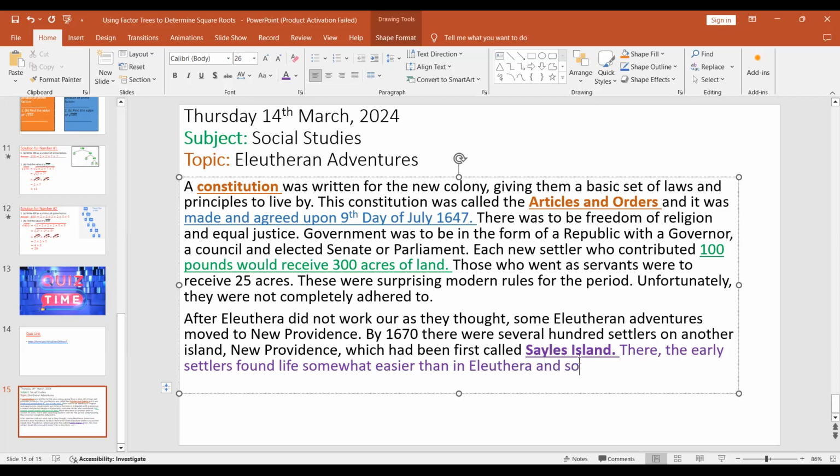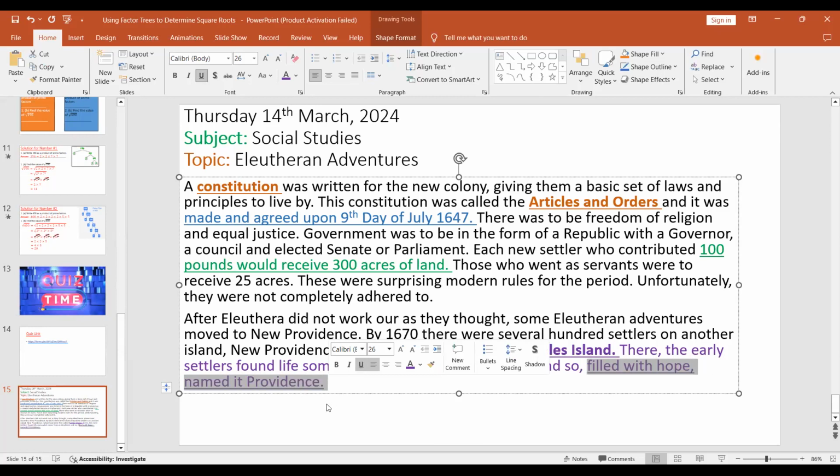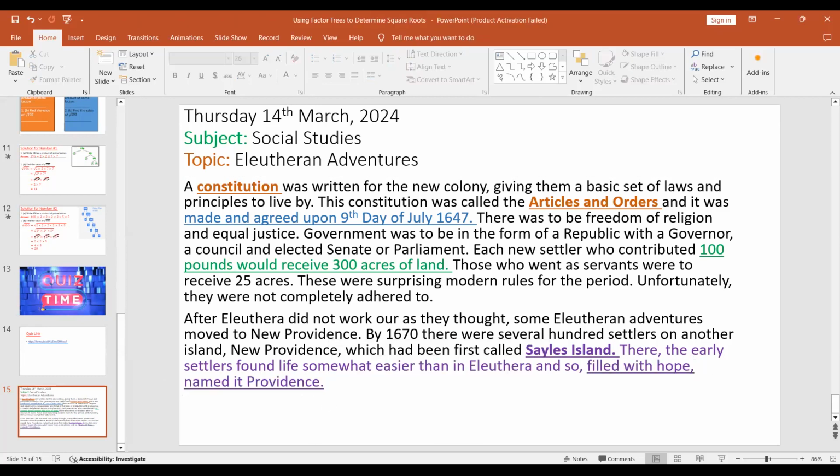And so, filled with hope, they named it Providence. Anyone know what we mean by Providence? Let's look at the definition of providence. So they called it Providence. The word new was added later, right?